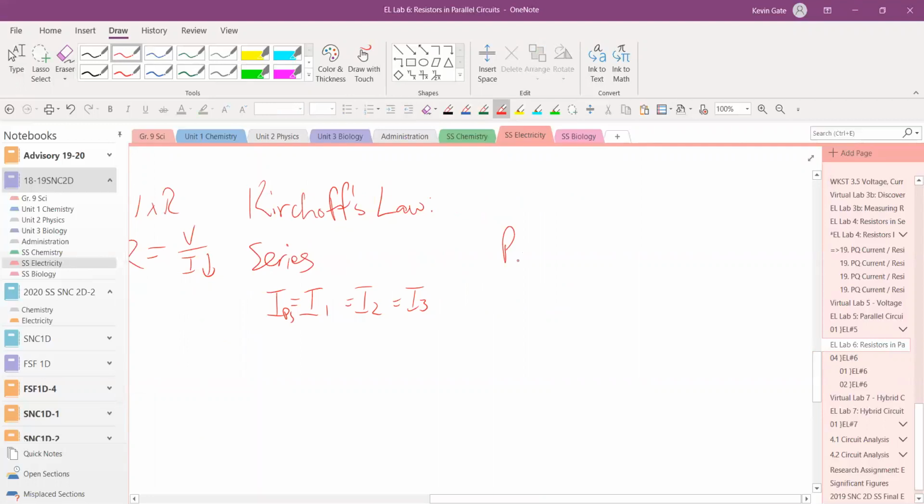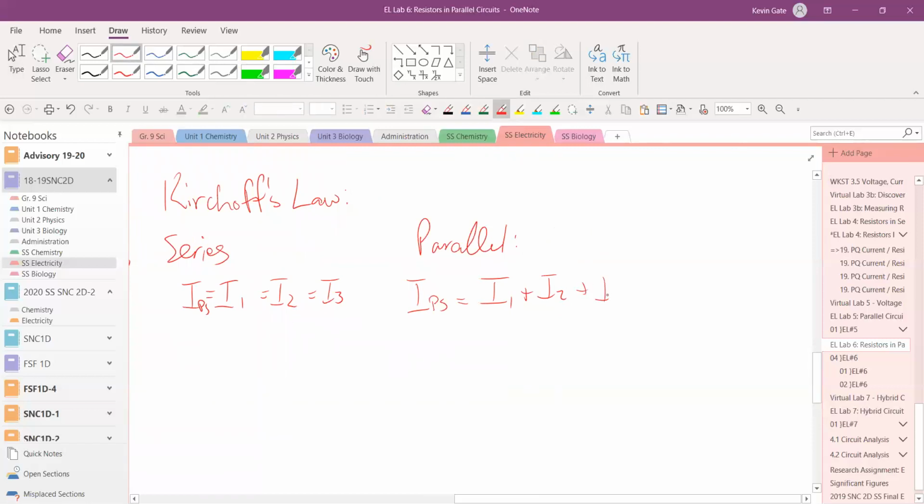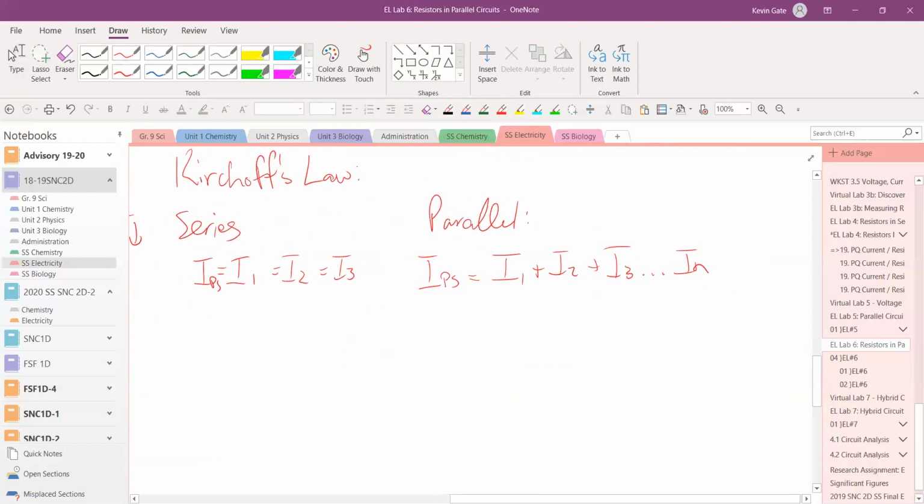In a parallel circuit, IPS is equal to I1 plus I2 plus I3, all the way to an infinite number of wires.